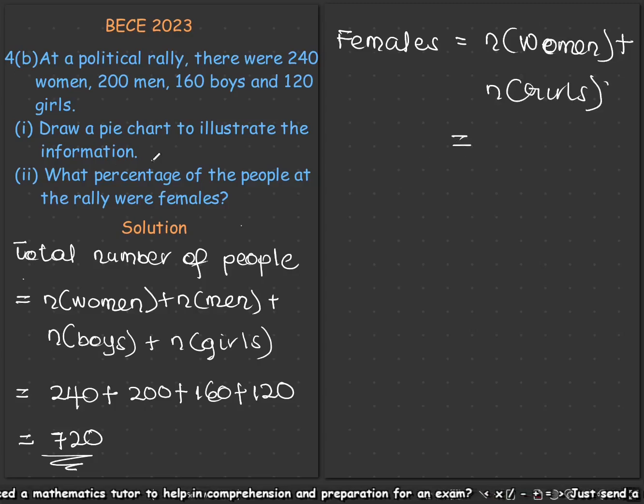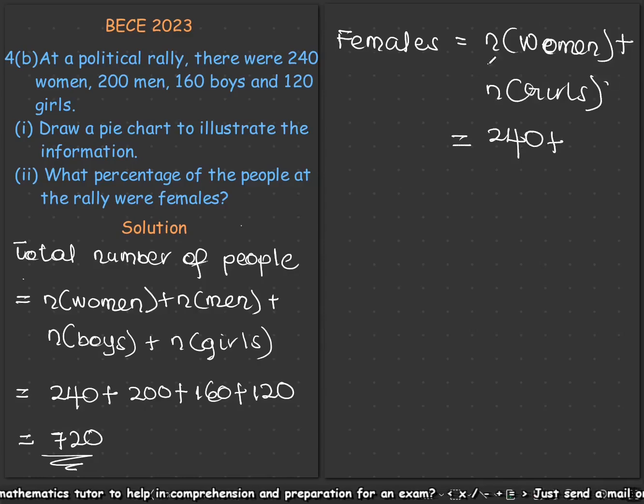So the number of women here were what? 240. So we have 240 plus the number of girls, which is 120, you see. So adding that together, we are going to get what?